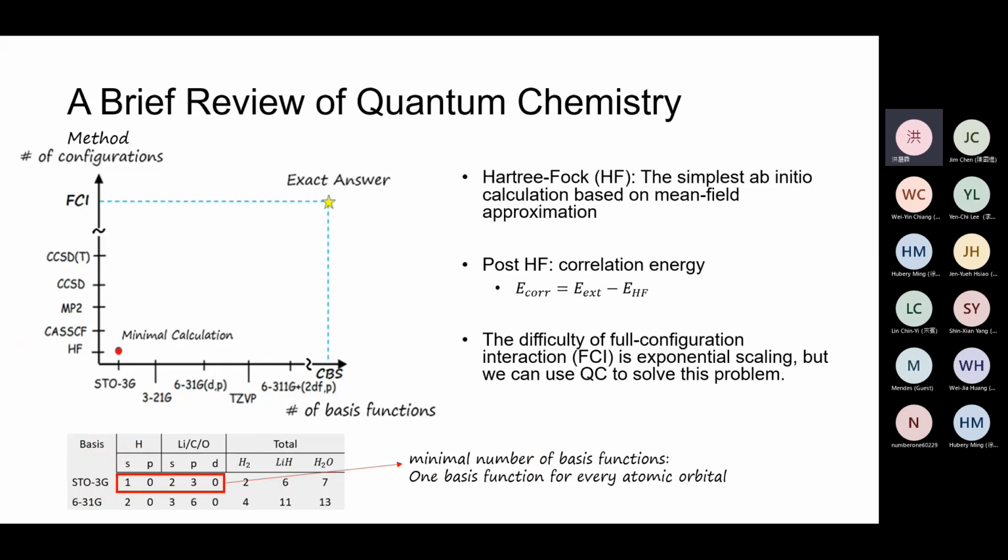For the second row, lithium, carbon, and oxygen, it consists of a 1s orbital, a 2s orbital, and three 2p orbitals. But we know that the minimal basis set cannot get an accurate result.